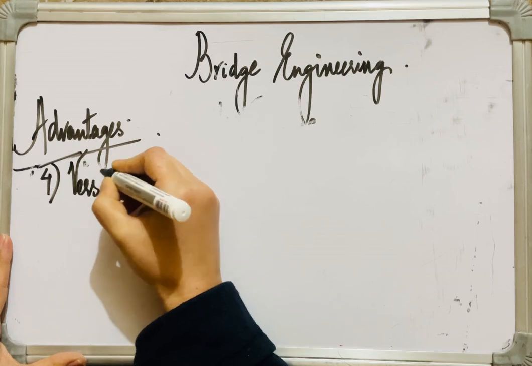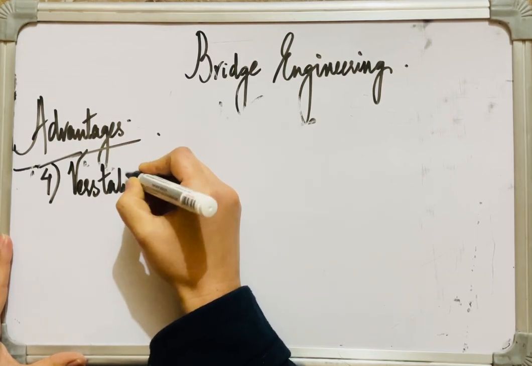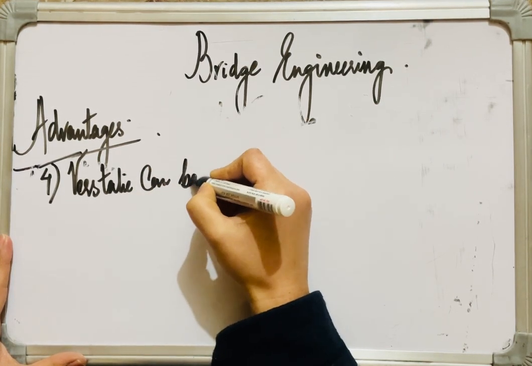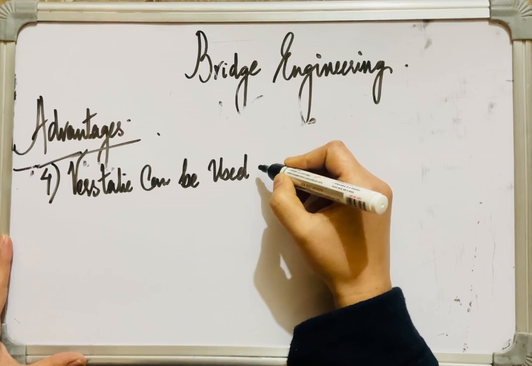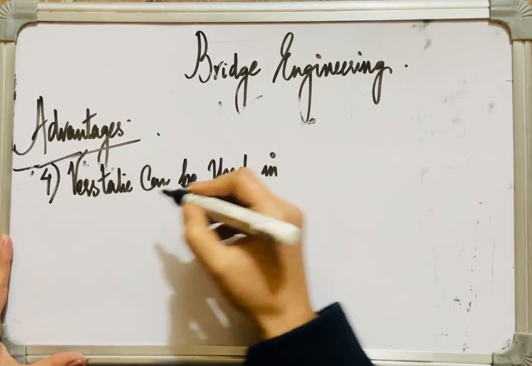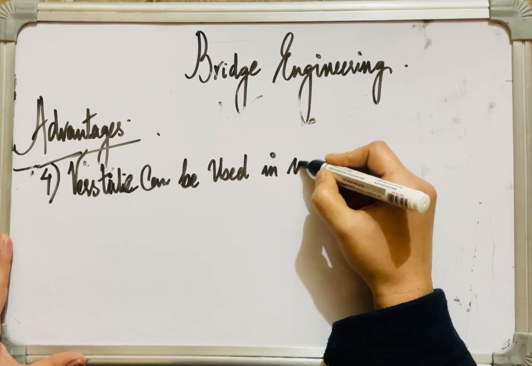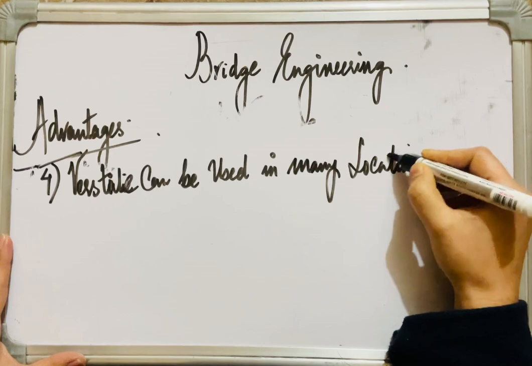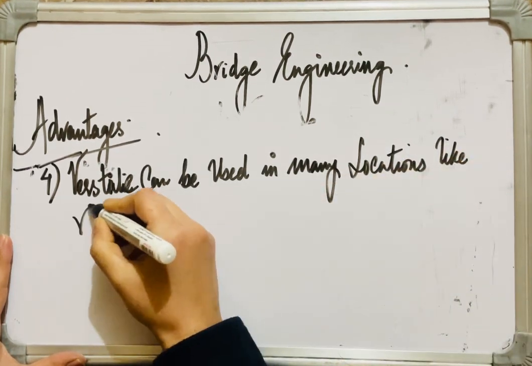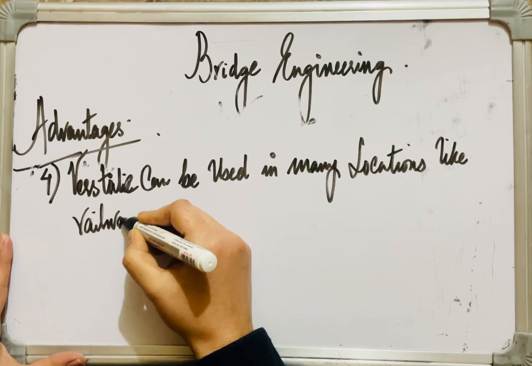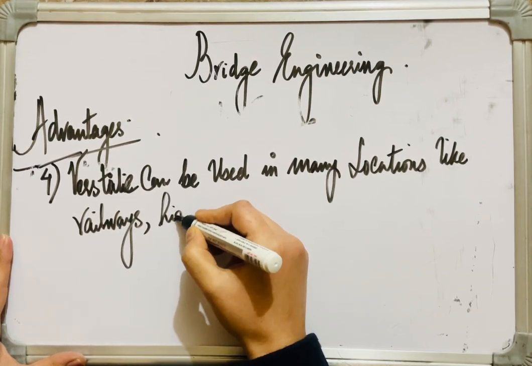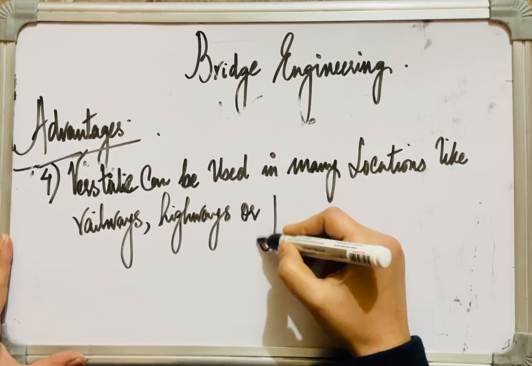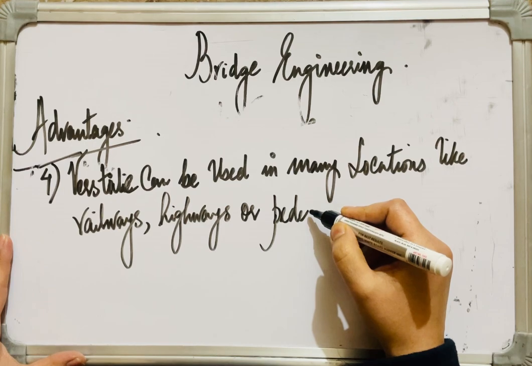So they are versatile and can be used in many locations like railways, highways, or even pedestrian paths. All right, so this is the advantage number four of a girder bridge.